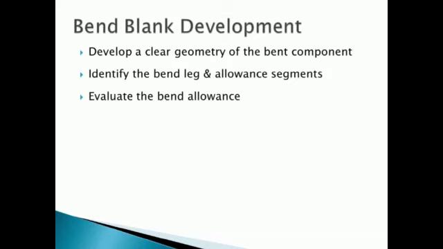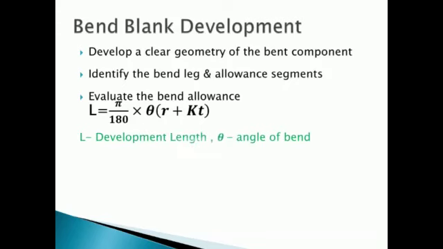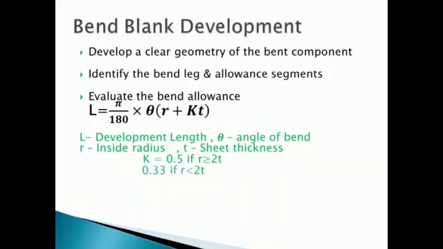Now, to calculate bend allowance, we have the formula L = (π/180) × θ × (r + kt), where L is the development length which is required, θ is the angle of bend, r is the inside radius and t is the sheet thickness. K is a constant.